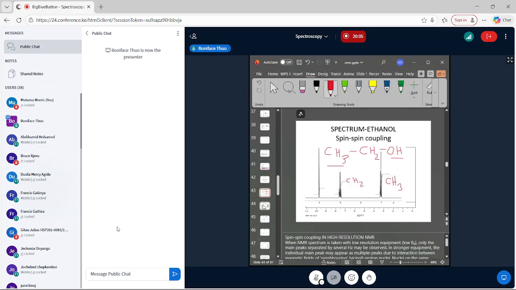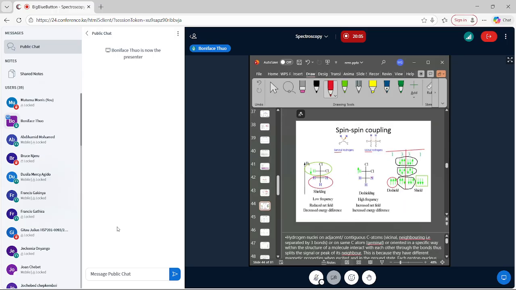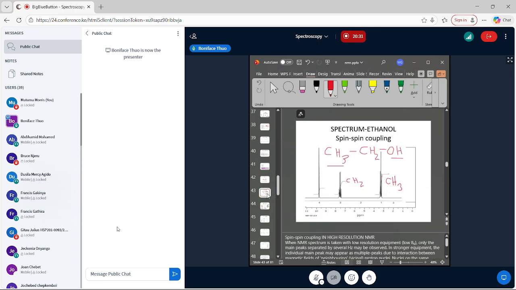Okay, so anytime you have a methylene group which is interacting with hydrogen, then you always get this splitting ratio of 1, 3, 3, 1, giving you 4 different chemical environments for the coupled hydrogen, but also giving you the intensities of the peaks that are resulting from that splitting.